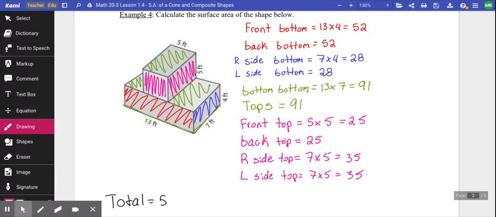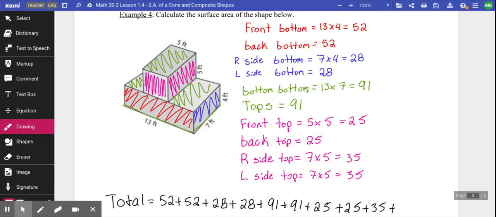Total equals 52 plus 52 plus 28 plus 28. You think you can quick math this? Let's see. I don't know, these are hard. That's a challenge. Okay, let me try. 35. Okay. 450. So if I can do this, I can go 60, 80, that's 160.